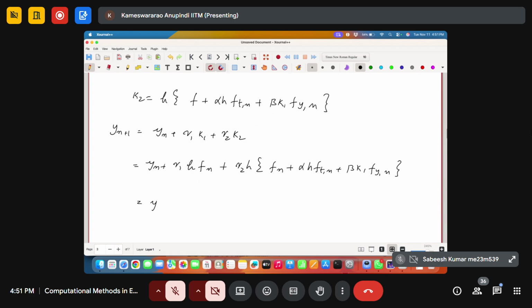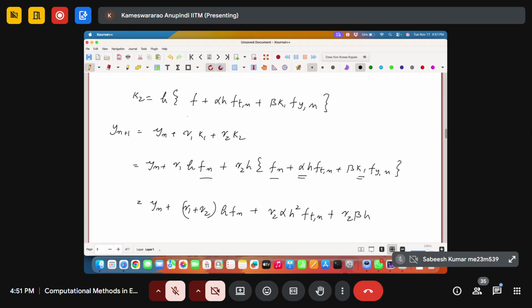That means I can write this as Yn plus, if I collect f_n terms, gamma 1 plus gamma 2 times h times f_n plus gamma 2 times alpha times h square f_t comma n plus gamma 2 beta h.